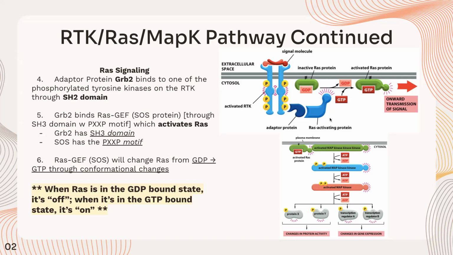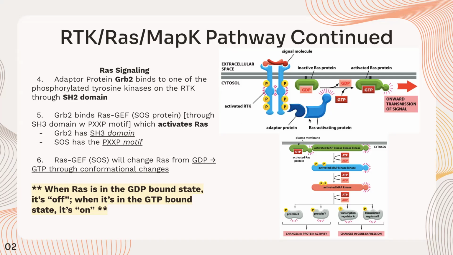So GRB2 binds the RAS-GEF right here through the SH3 domain with PXXP motif. We'll talk about that in a second, which activates this. So GRB2, the dark blue, has an SH3 domain. The SOS has the PXXP motif, hypothetically, right here.